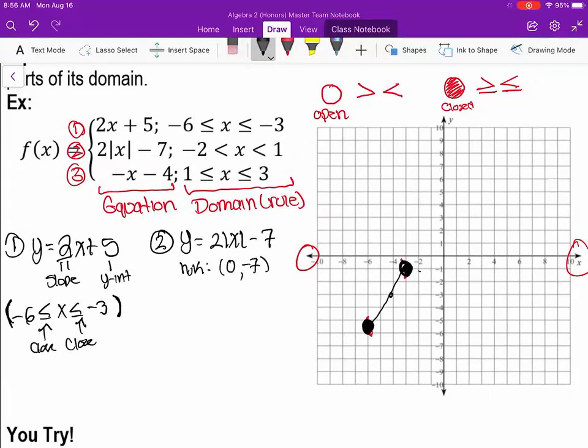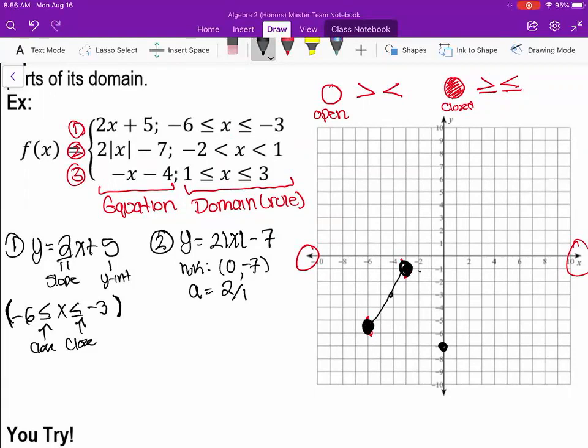Well, once you find that, just go ahead and plot it. 0, -7 is right there. The next thing we're going to do is use our slope, which is your a value. In this case it is 2, or 2/1, to find the rest of the points. And because we want a V, we want to make sure that we do it to the right and then to the left.